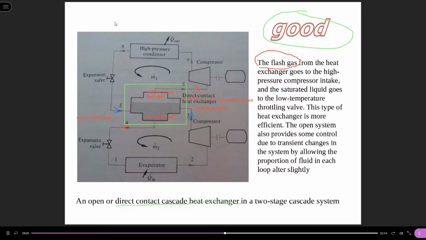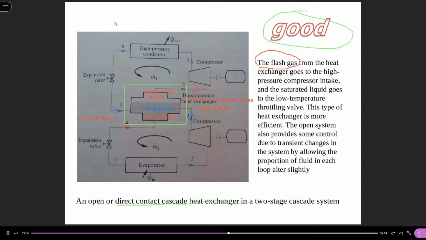However, the saturated vapor will be sucked by the high pressure compressor, which will be compressed, and the saturated liquid will go to the low pressure expansion valve for the throttling process. So this open system can provide some control due to the transient changes in the system by allowing the portion of fluid in each loop to alter slightly.